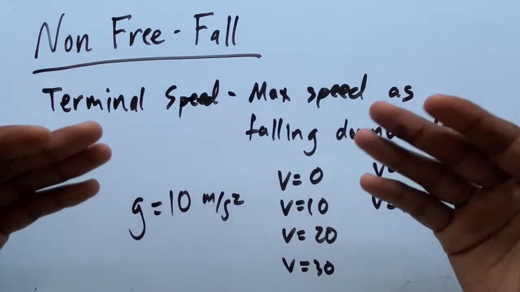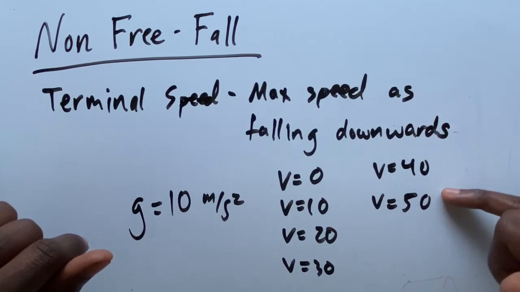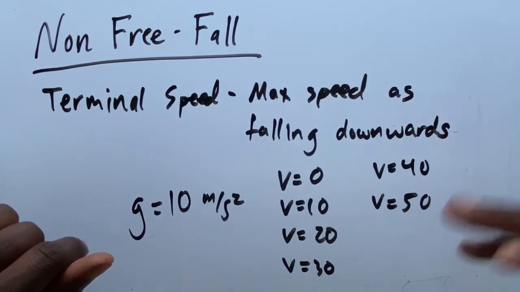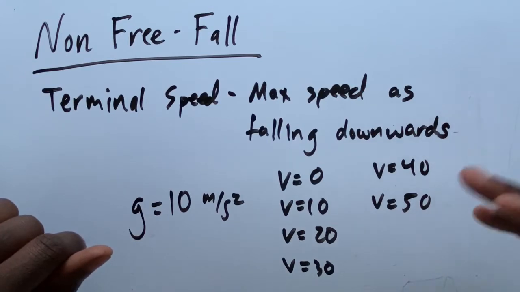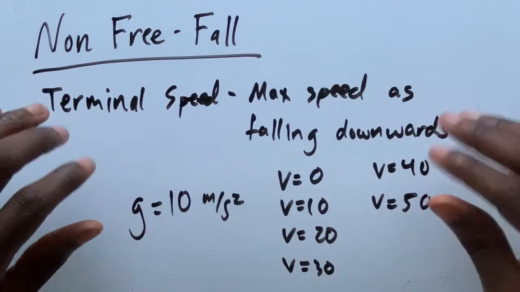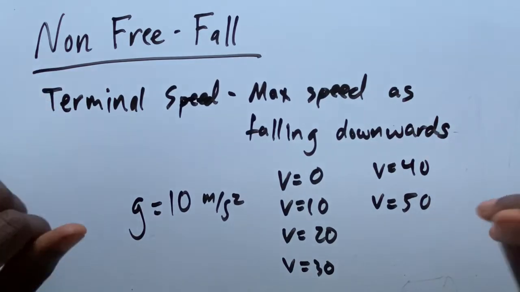You're basically going to continue to speed up the longer you fall. So it goes 10, 20, 30, 40, 50, 60, 70, 80, 90, 100, so on and so on, as each second passes on. But luckily, that doesn't happen in real life.